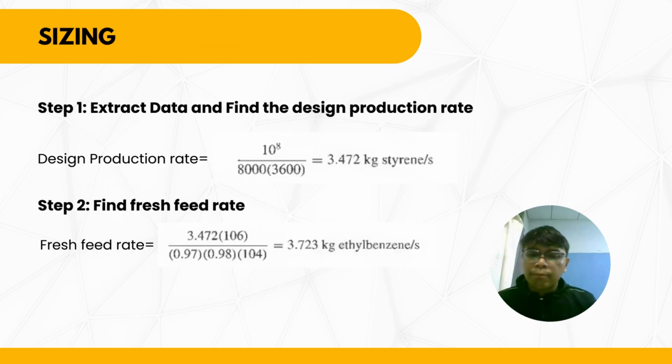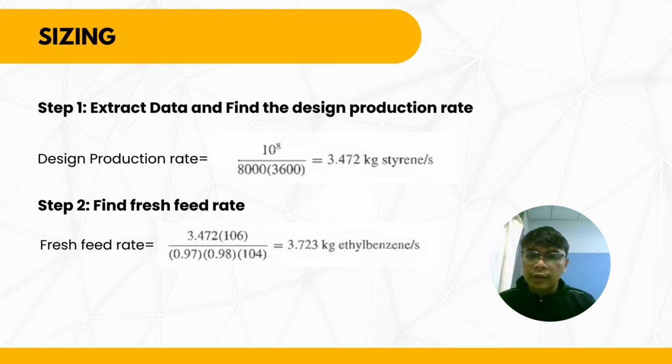So the first step to solve this problem is to extract data and find the design production rate. From the extracted data, we can find the production rate, and we got 3.472 kg styrene per second.